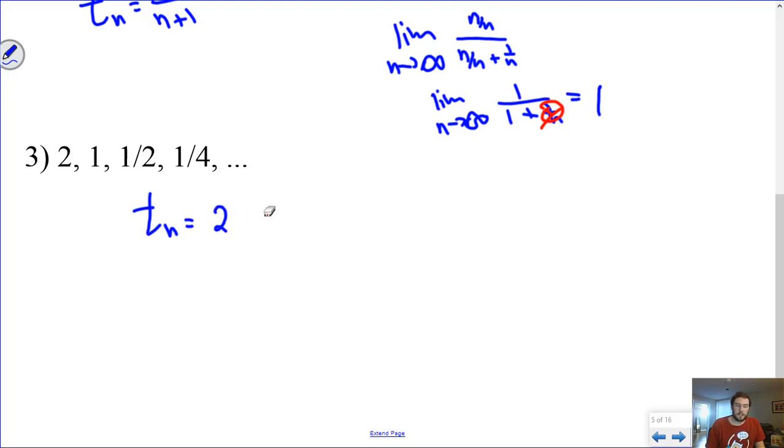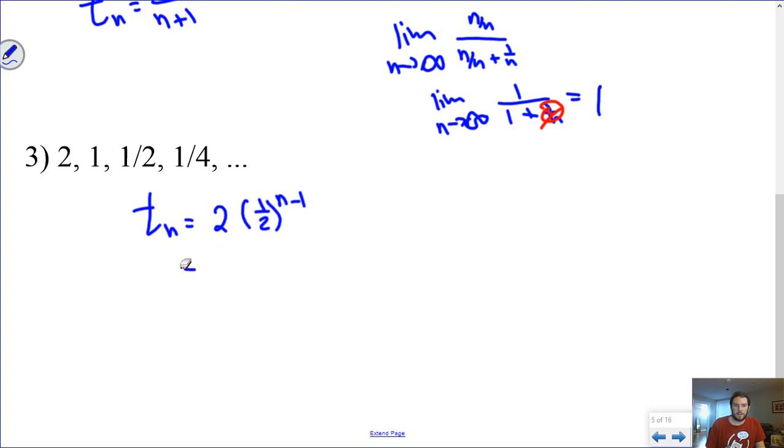It's a geometric series, so let's do it that way. 2 times 1/2 to the n minus 1, right? Where 2 is our first term, 1/2 is my common ratio, and n minus 1 here.